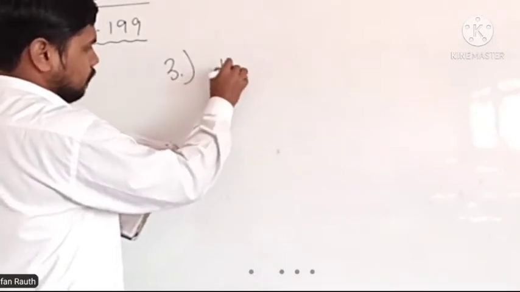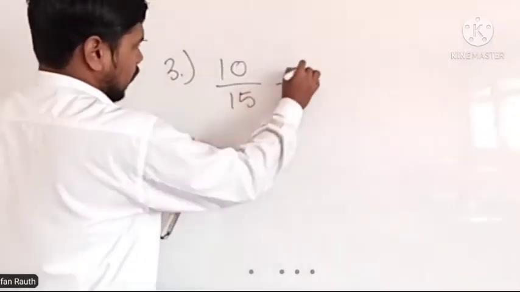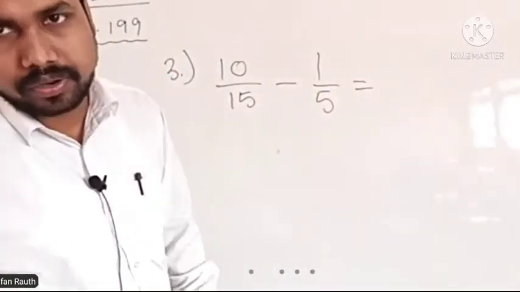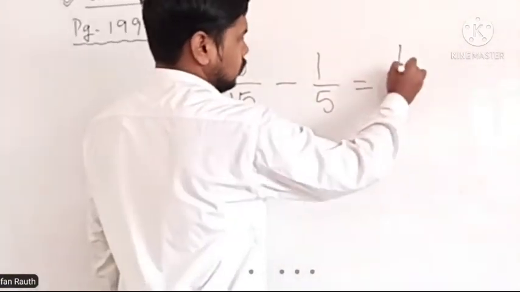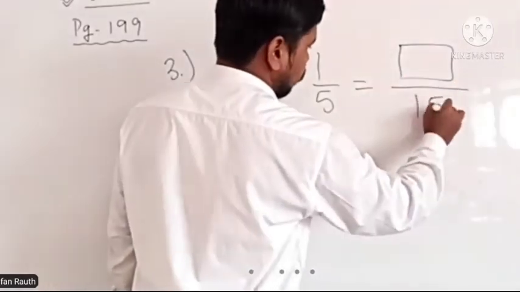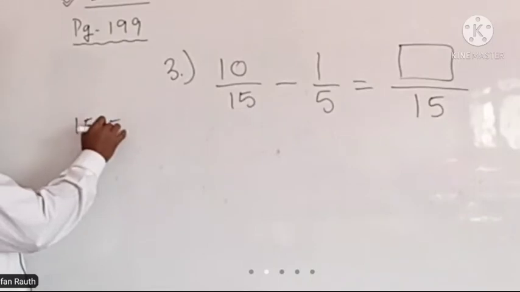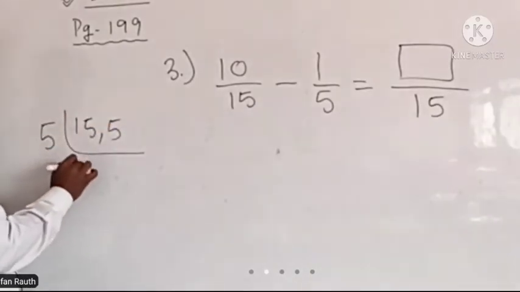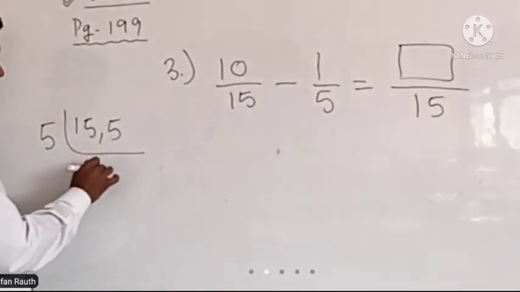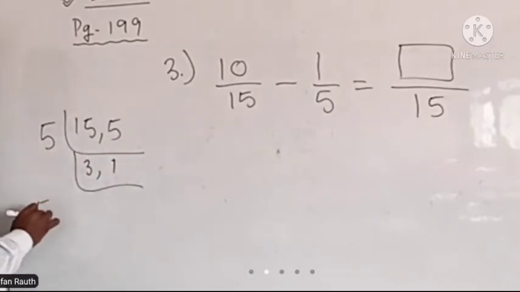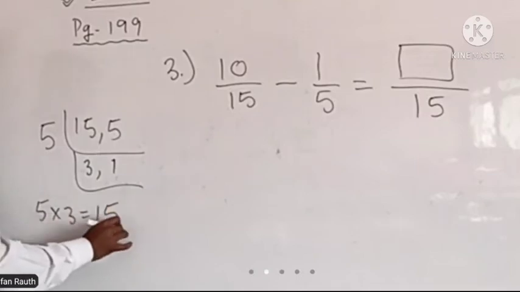In question 3 we have 10 divided by 15 minus 1 divided by 5 is equal to how much divided by 15, that you have to tell. If you take the LCM of 5 and 15, then it will be 5 3s are 15, 5 1s are 5. So the LCM will be 5 into 3, that means 15 only.